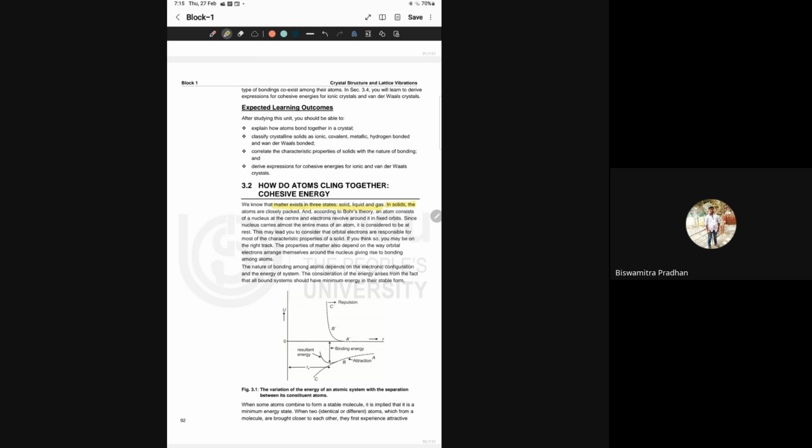In solids, the atoms are closely packed, and according to Bohr's theory, an atom consists of a nucleus at the center, and the electrons revolve around it in fixed orbits. Since the nucleus carries almost the entire mass of the atom, it is considered to be at rest, and this may lead to the consideration that orbital electrons are responsible for most of the characteristics of the solid.